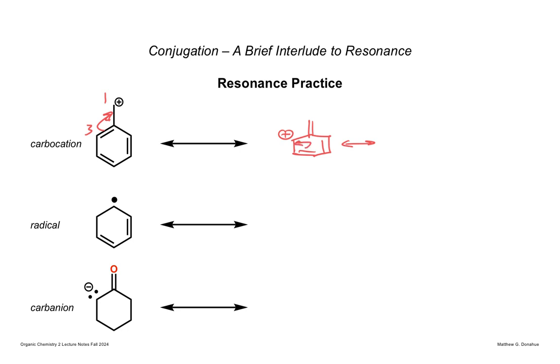Again, 3 carbon atoms. That charge is just going to keep migrating to the 3rd position. So overall, that species shows 4 resonance forms. And you can see where the plus charge is and where it is not.